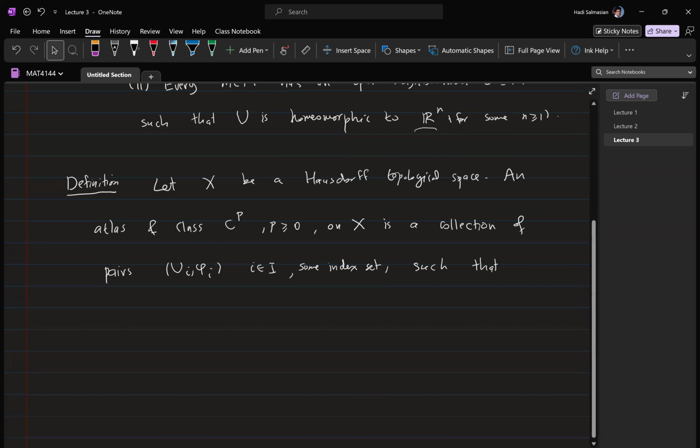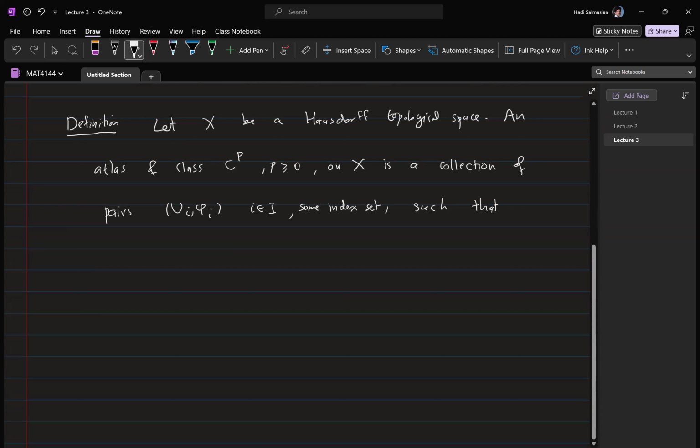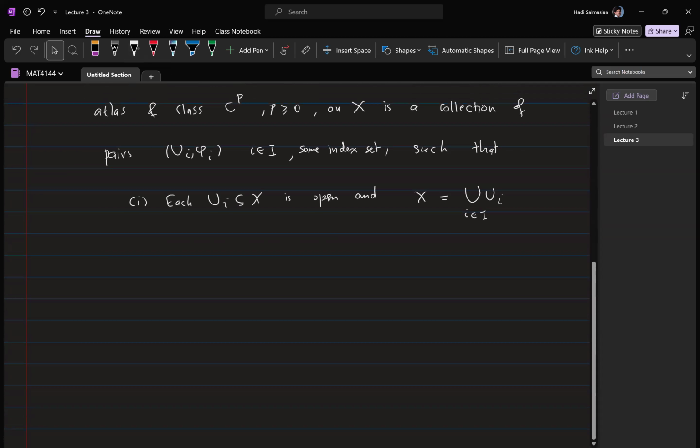The first is that we want the Ui's to form an open cover of the space. So each Ui is open, and X is a union of the Ui's. Okay. And the second is that we want these maps to be homeomorphisms to open subsets of Rn.